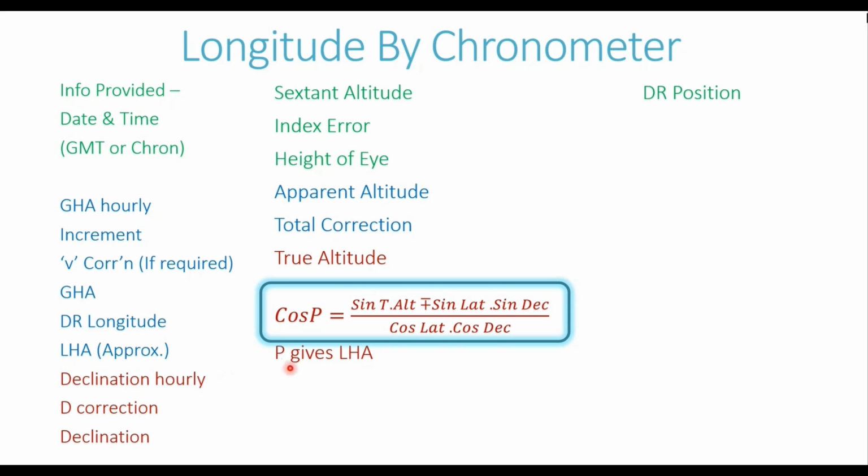Using this value of P, we can now calculate the exact LHA. When we find LHA from P, one doubt which is going to arise in our mind is whether P is equal to LHA or P is equal to 360 minus LHA.